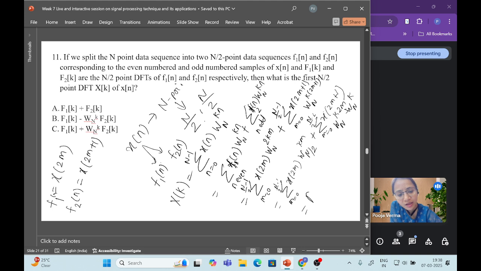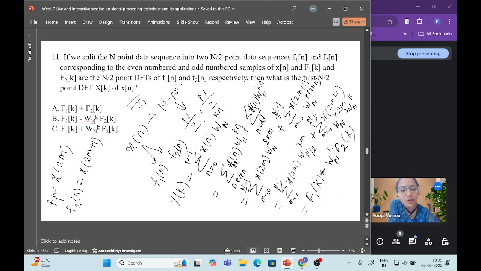So now it can be written simply as F1(k) plus, taking W_N^k out, W_N^k F2(k). These are also N by 2 point DFTs. This one is the first N by 2 point DFT. For the next N by 2, we already know that in the butterfly diagram we just take minus 1 here.